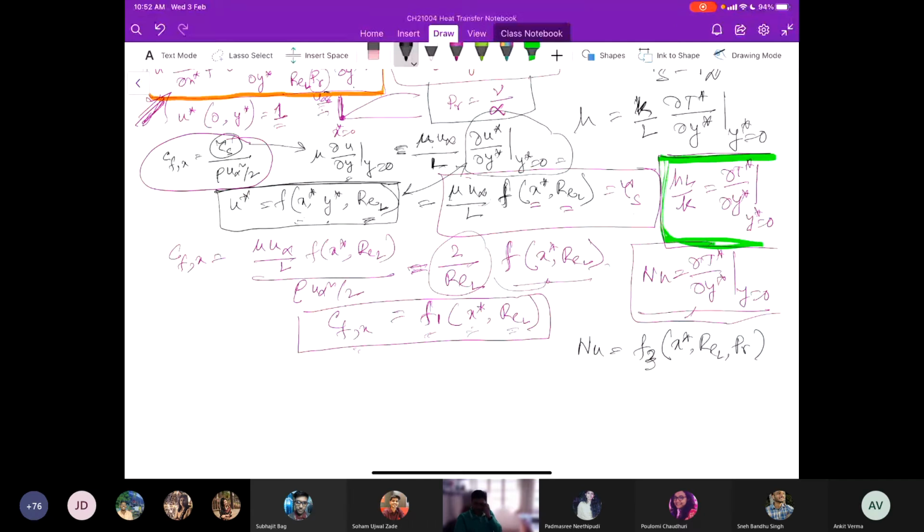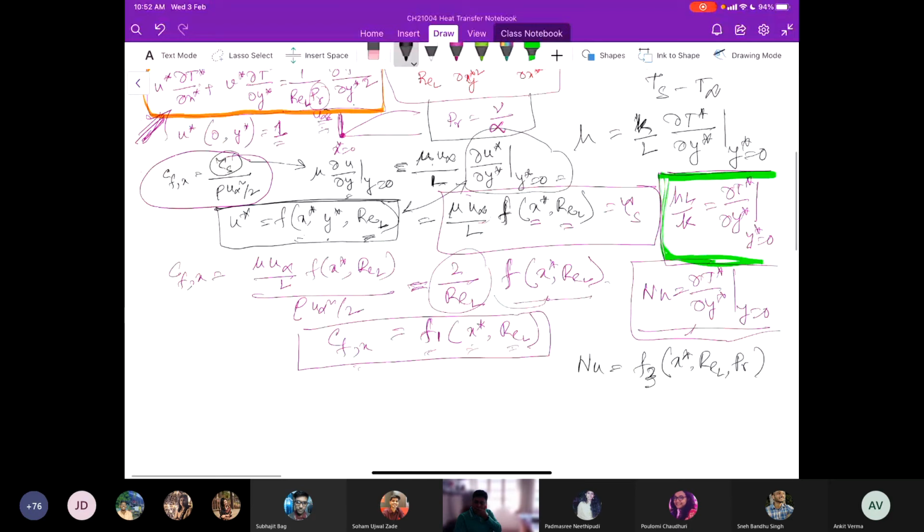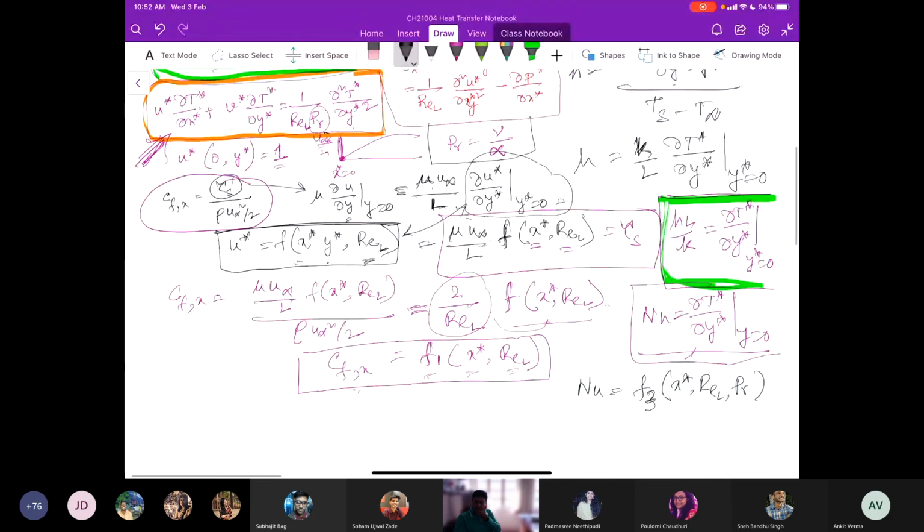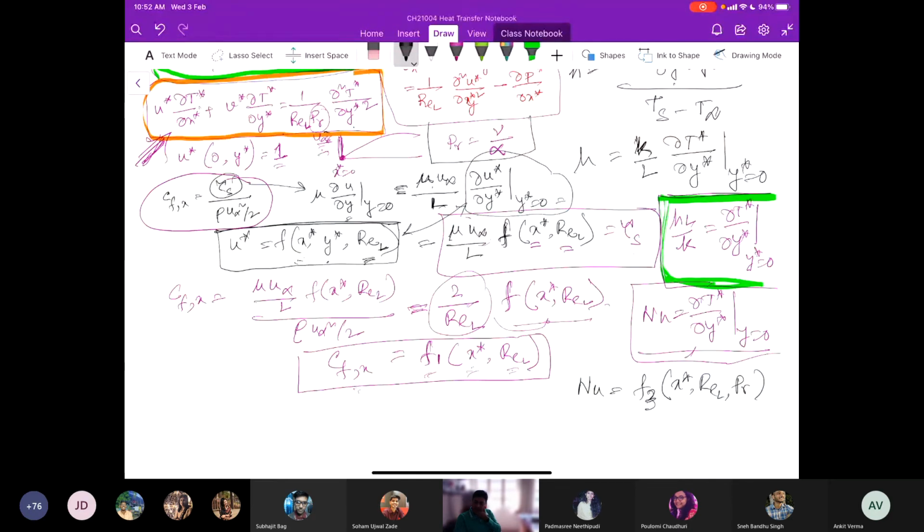It is a function of X, Reynolds number and Prandtl number. Any doubt? Because I have skipped an intermediate step. I didn't tell you. But can you understand that point, why after this step I wrote this one?